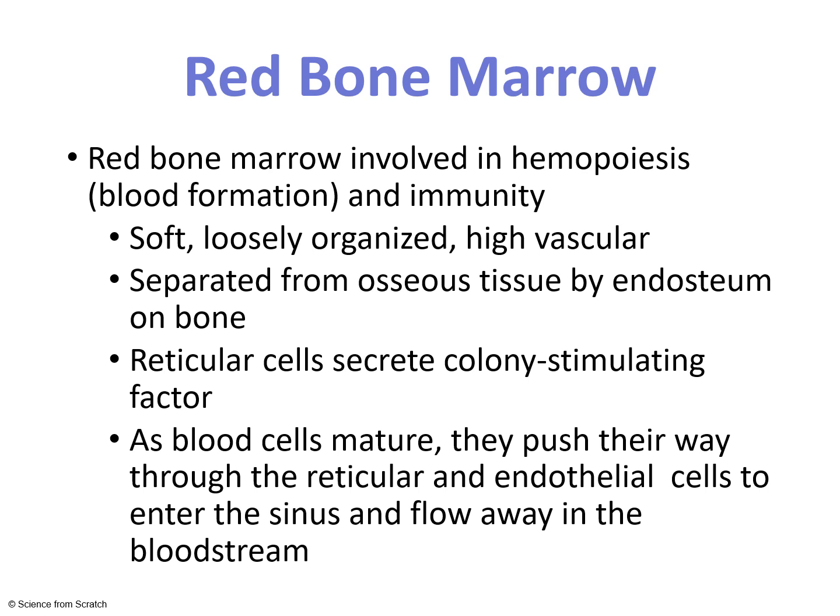We have yellow marrow in that location. So in adults, we will find red marrow in the epiphysis or ends of the long bones, and we will also find it in our flat bones. And what's going to separate this red marrow from the bone tissue, the osseous tissue, is the endosteum.